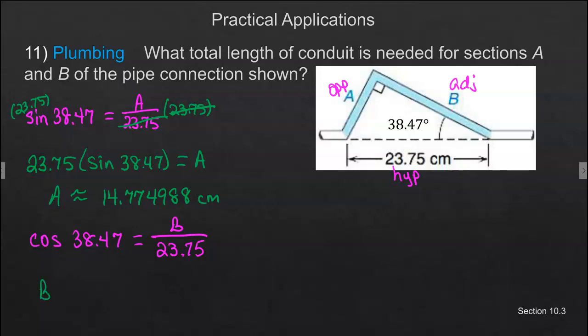So B is equal to 23.75 times the cosine of 38.47. And that gives me 18.59468. Okay, so then of course I'm going to add those.